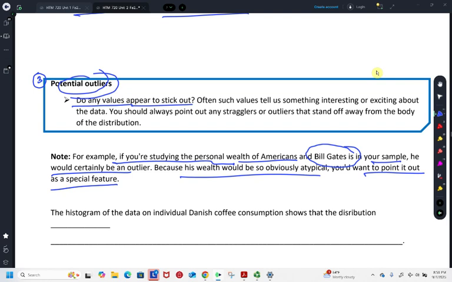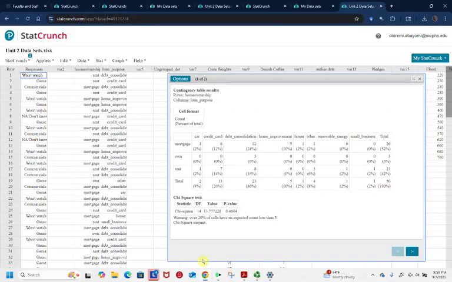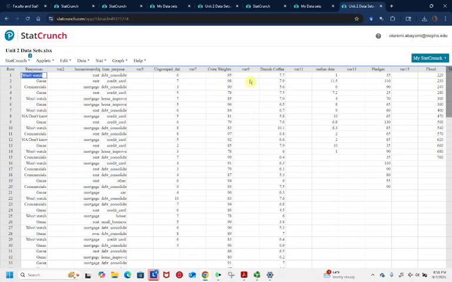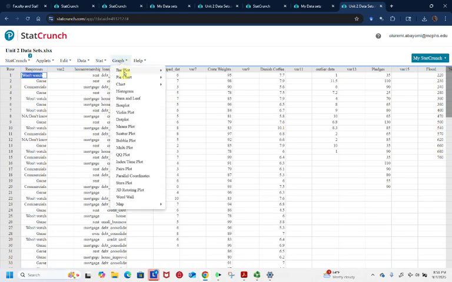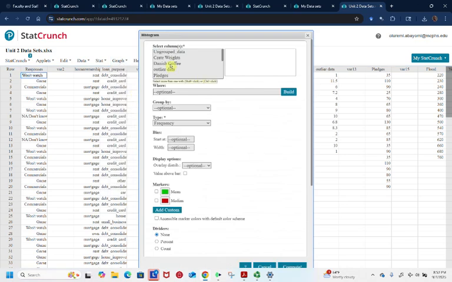So how do we generate a histogram in StatCrunch? Let's head over to StatCrunch. I'm going to close out of this and look at the data on consumption of Danish coffee. This is continuous numerical data, and I'd like to produce a histogram for this data set. So I'll go to Graph, click on Histogram, and choose the name of the variable you want to graph.